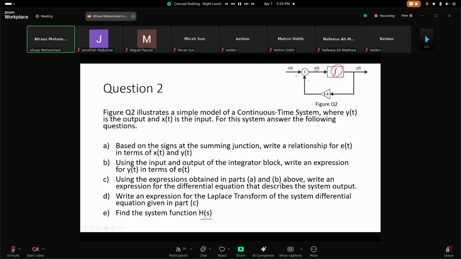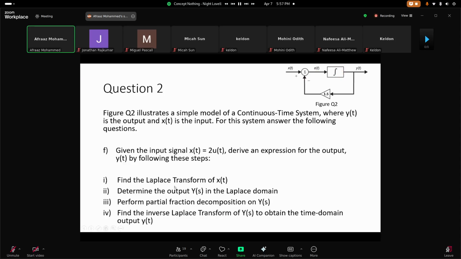Fourier is in terms of omega, and the z-transform is in terms of z. When you have that, given an input signal x of t equal to 2u of t, derive an expression for the output y of t, following these steps.